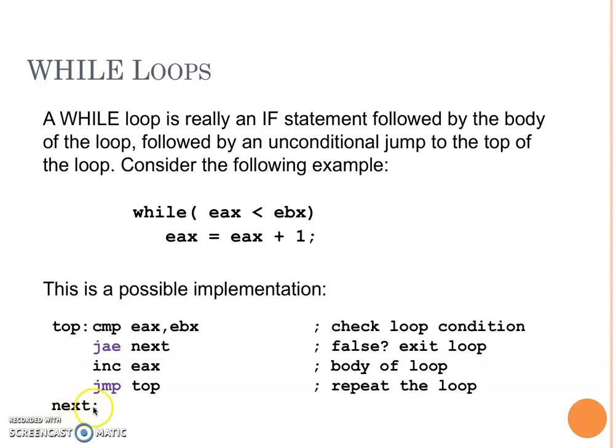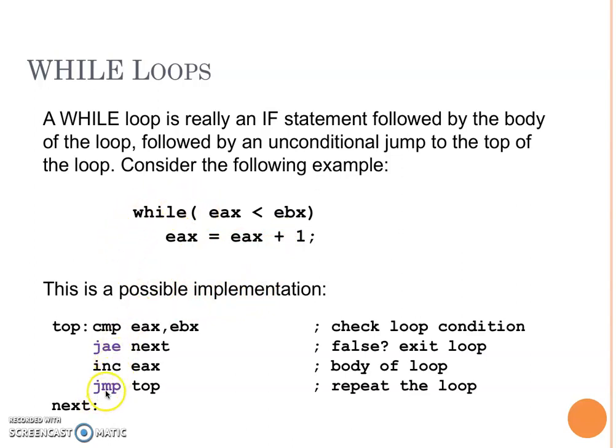So you need to have a code block for the while loop, and this JAE lets us leave the while loop. But if I don't leave the while loop, I just need to continue to increment my EAX. After my EAX is incremented, I have no condition, I just need to come back to the while loop.